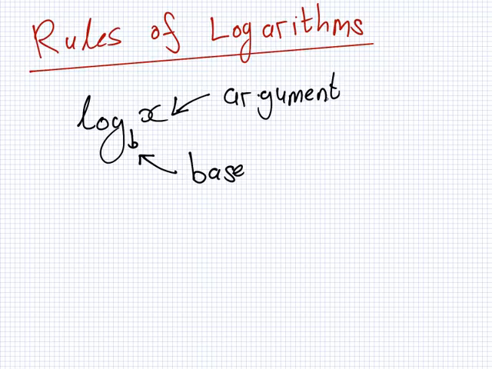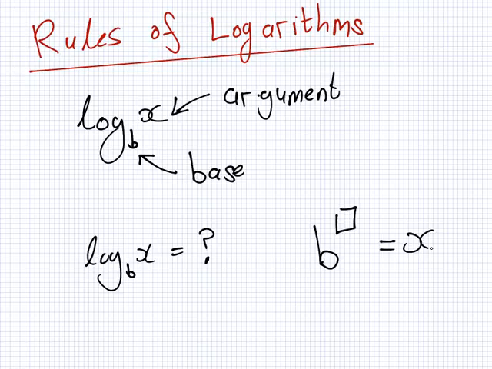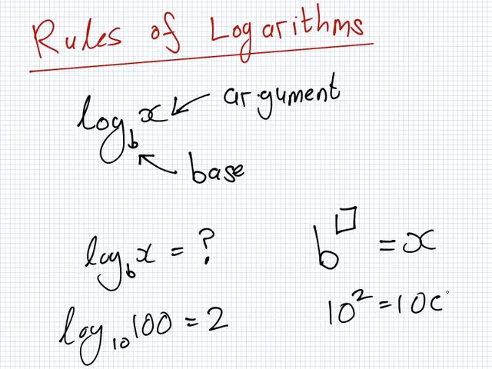And the meaning of log is not so difficult. What you do to get the answer is you imagine what number do you put on the b to make it become the x. So for example, log base 10 of 100 has to equal 2 because 10 squared is 100.